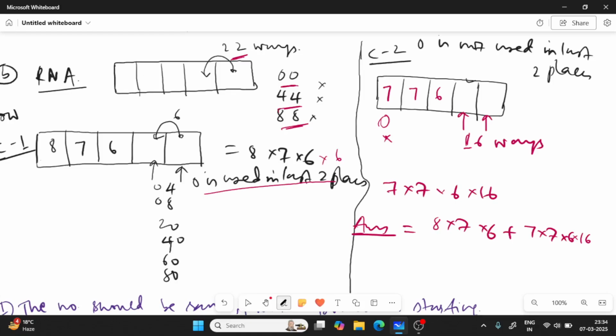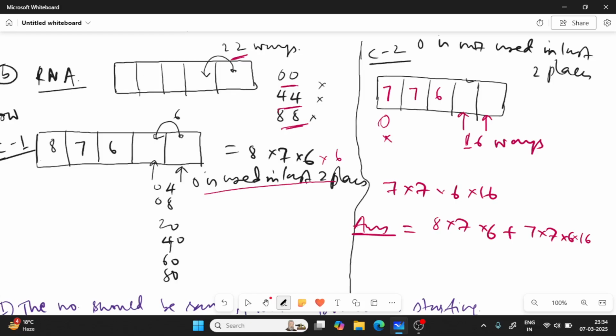Now, since 0 has not been used, 0 may be used at this place. How many ways are there? In the last two places, 2 digits have already been used. 0 cannot be put here. So out of a total of 10 digits, 3 have already been used, so we are left with a total of 7 ways.